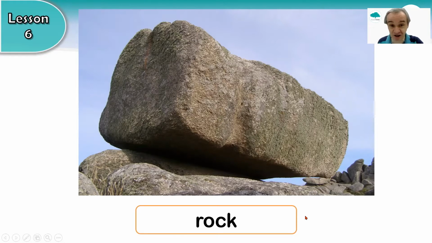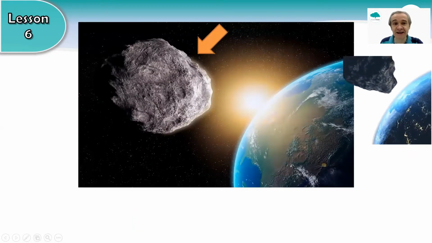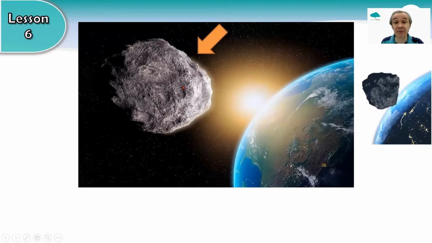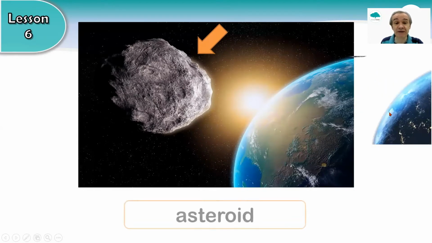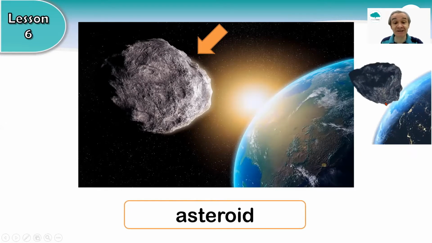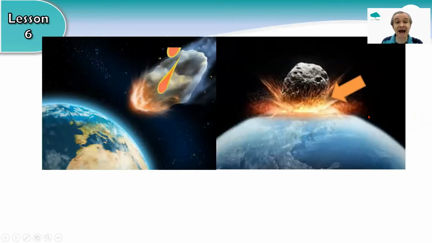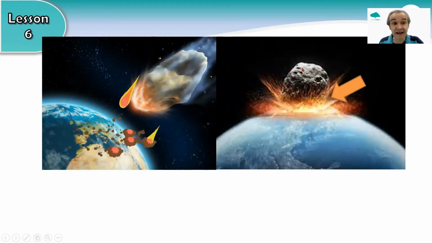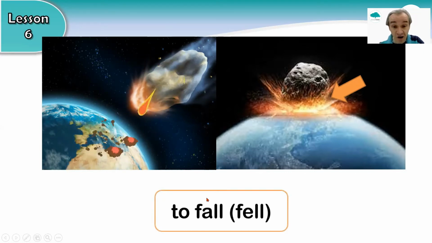R-O-C-K, rock. Now here is a rock that is out in space. Now this one, it has a special name. We call it an asteroid. Asteroid. And the asteroid, it will fall down and hit the Earth. So we use the word fall, to fall.